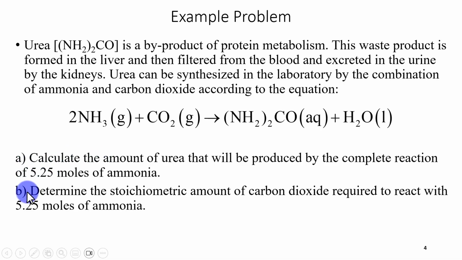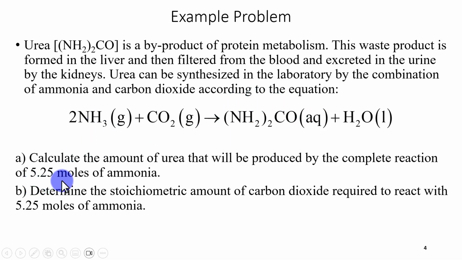Here's my 2 parts. First, calculate the amount of urea that will be produced by the complete reaction of 5.25 moles of ammonia. Very similar to the problem that we looked at in the previous slide. So I'm starting out with moles of reactant and I want to end up with moles of product.